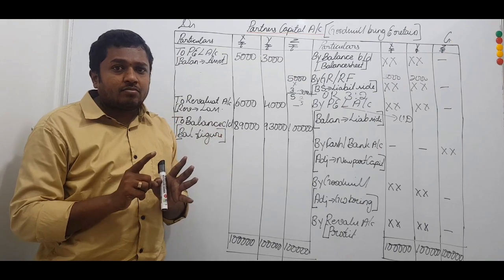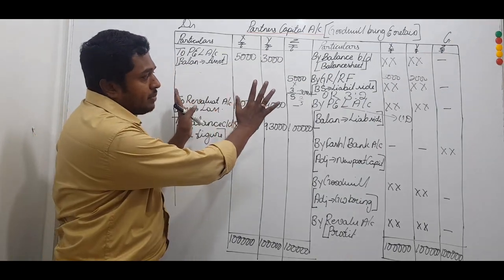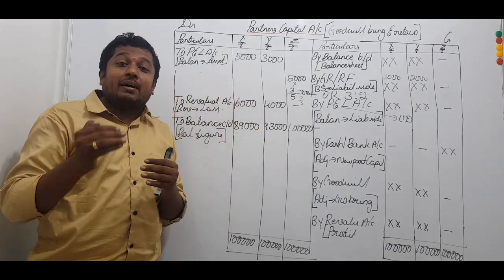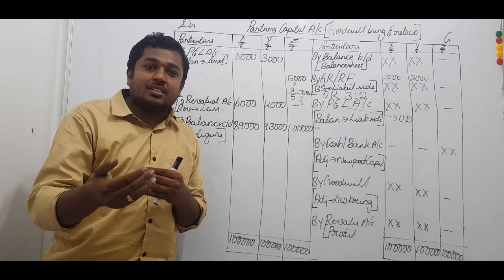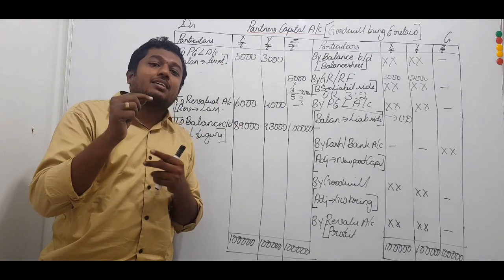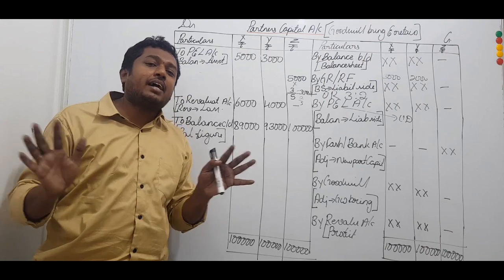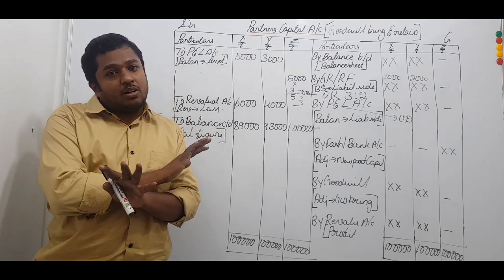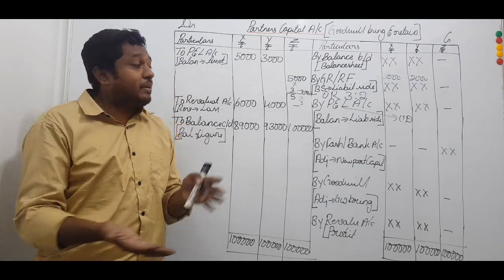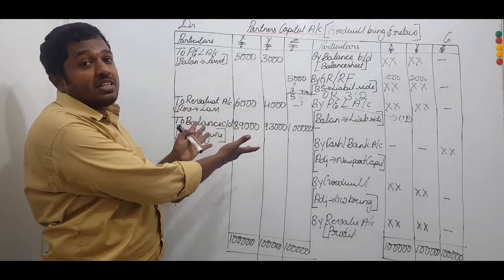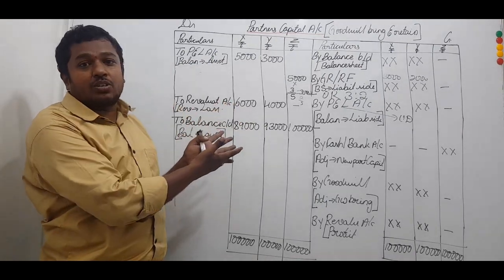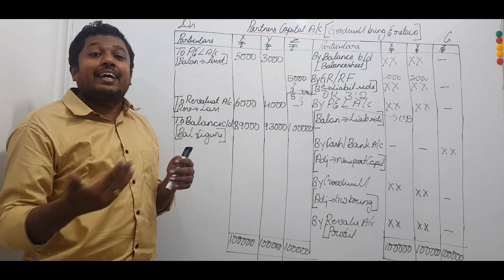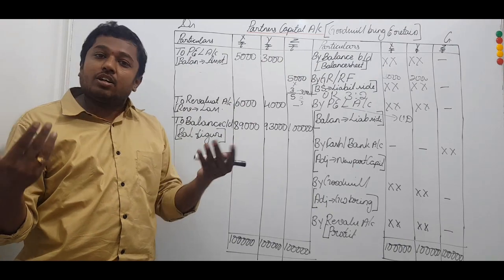Remember one thing: for all the cases, maximum items are the same, but depending on the case, one goodwill adjustment will differ. Except that, no partner's capital account will have any extra adjustment than this. And this is about the partners capital account. I will explain later how to prepare the cash or bank account.